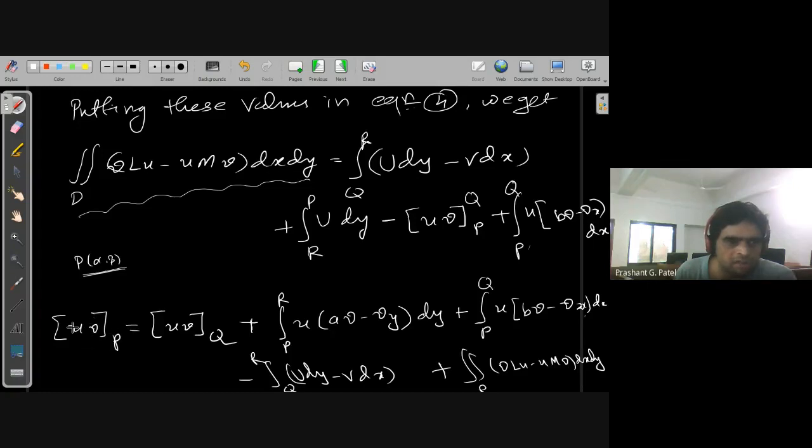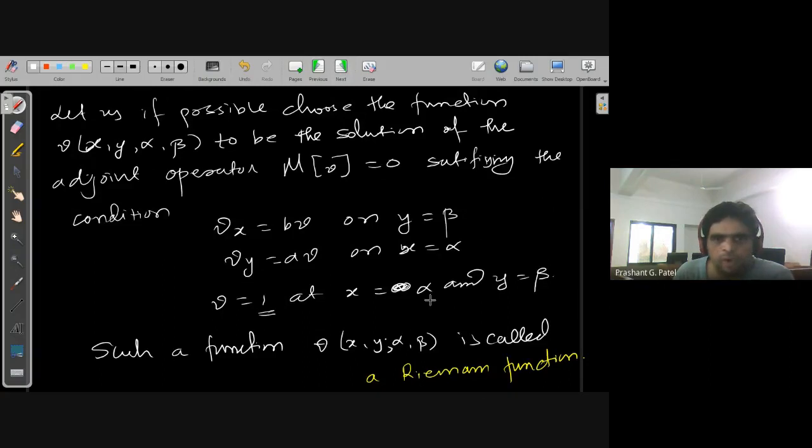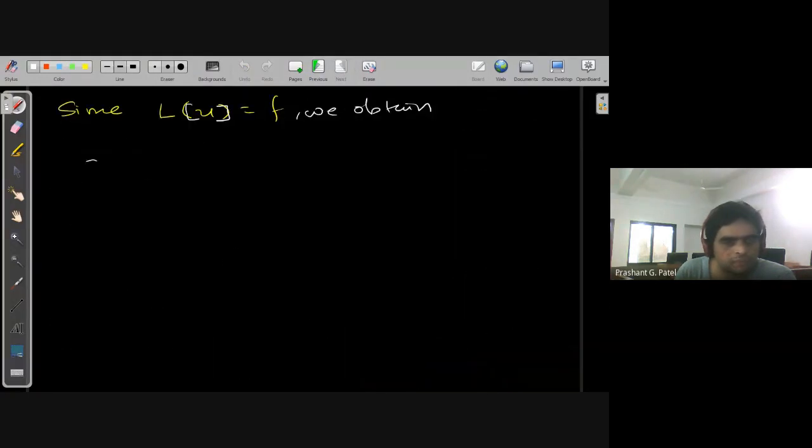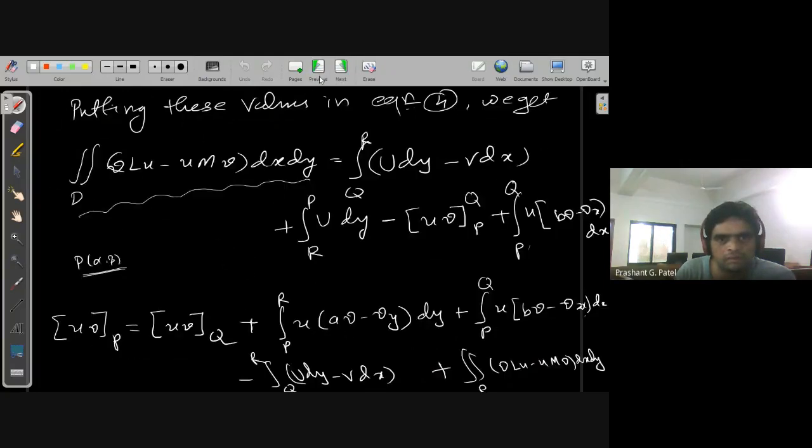So at this point, due to this situation, the value of V at the point alpha beta has value 1. So at P it has value 1. So that's why U at P is equal to UV at Q, which we already have here.